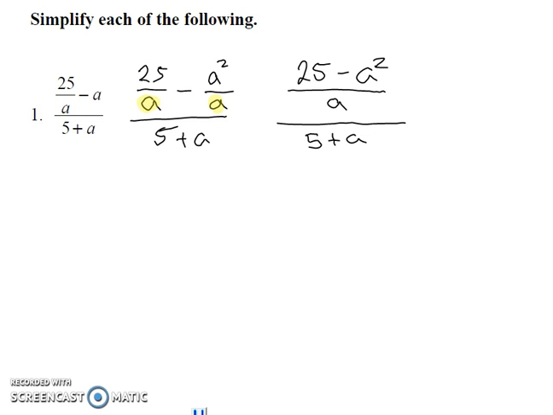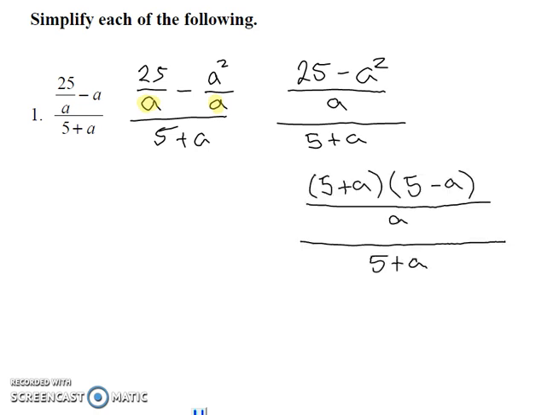So from here you might want to factor the 25 minus a squared to 5 plus a times 5 minus a over a, and still over 5 plus a. We haven't done much with the 5 plus a, but you still have to put it there. It's still part of the expression, and we're going to use it right now to help simplify.